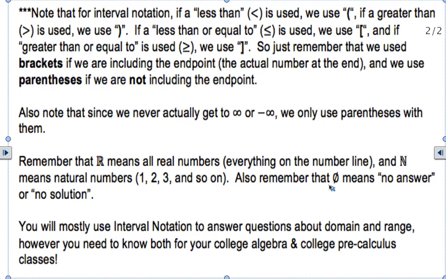And then this symbol here is a symbol you could use for no solution or no answer. Honestly, we don't use that very often. And again, you'll usually use interval notation for domain and range in your college algebra, college pre-cal, and in this class as well.